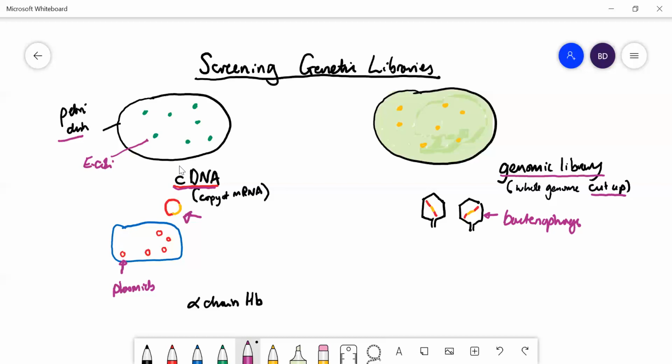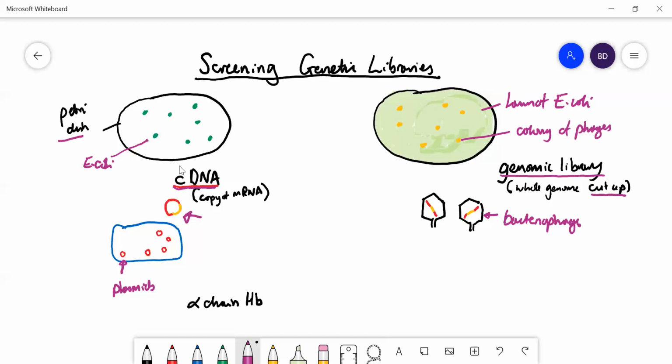So here green is a lawn of E. coli, and each of those yellow spots is like a translucent spot, a colony of bacteriophages.